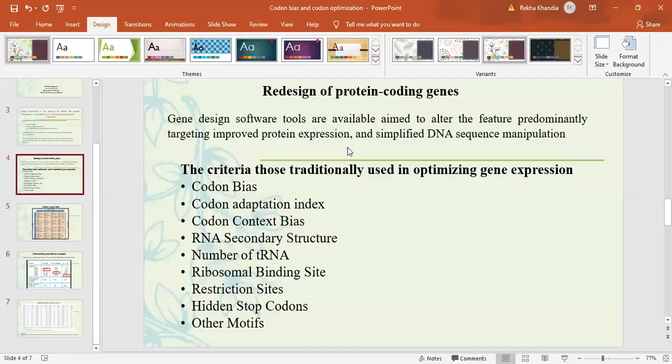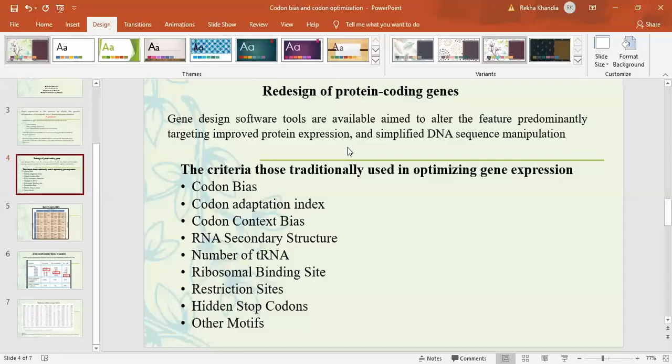During manipulation, some stop codons also may appear, so we have to take care of them too, as well as some other motifs like the Shine-Dalgarno sequence. If they are present within the protein expression region, they also reduce the rate of protein synthesis.